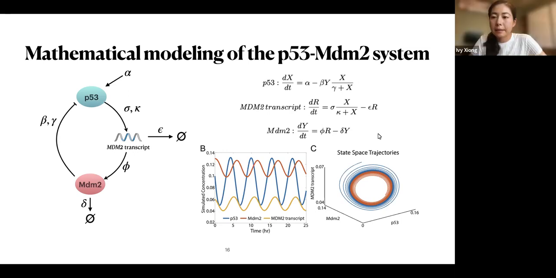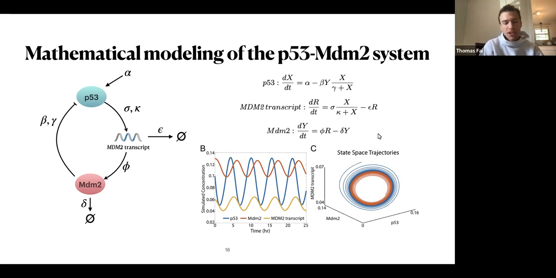Yes. But then I have one question about the fitting. When you were doing the parameter fitting, did you use the same parameters that you had fit to the MDM2 response, or did you use new fitting curves? And if so, which one is the fit and which one's the prediction? Right.